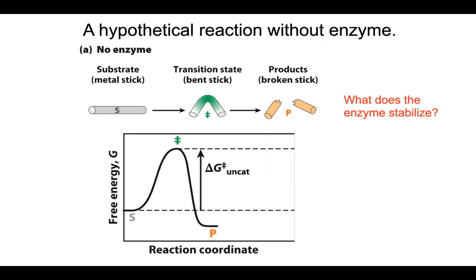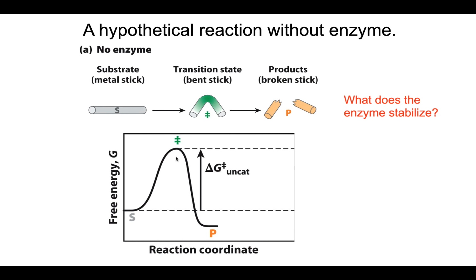So let's take a look at a hypothetical reaction, in which we have this metal rod, and the reaction is we're taking that metal rod and breaking it in two. But in order to get from an intact metal rod to a broken metal rod, we need to bend it. And it's getting it into this orientation that's going to be our transition state. That energy leading up to that is our activation energy.